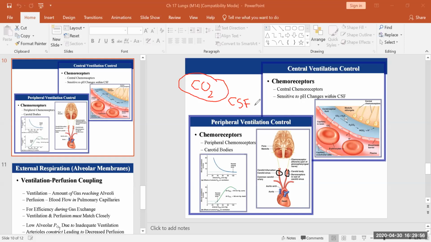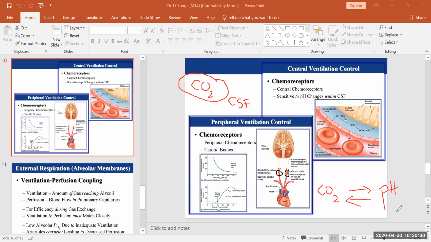Since CO2 is directly related to the pH of a solution, that's why the brain specifically is extremely sensitive to CO2, because we learned earlier CO2 is directly related to the pH of that solution.